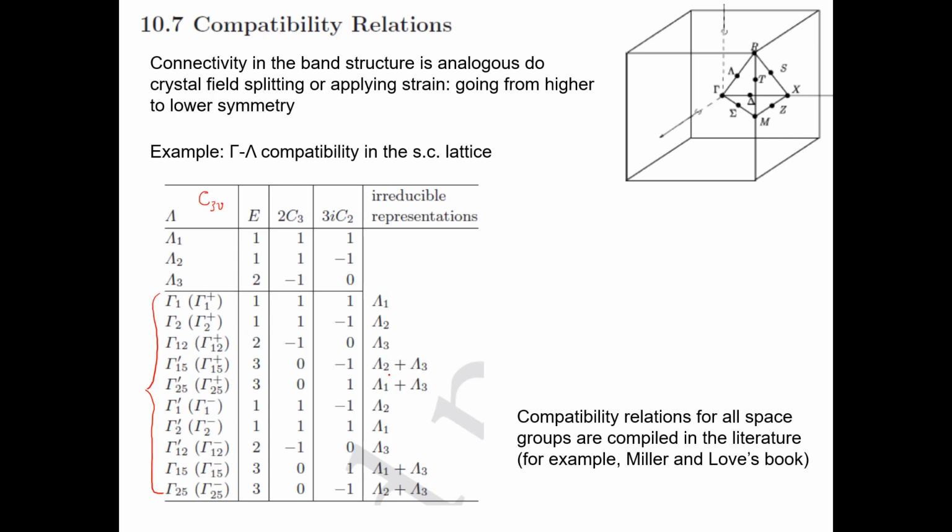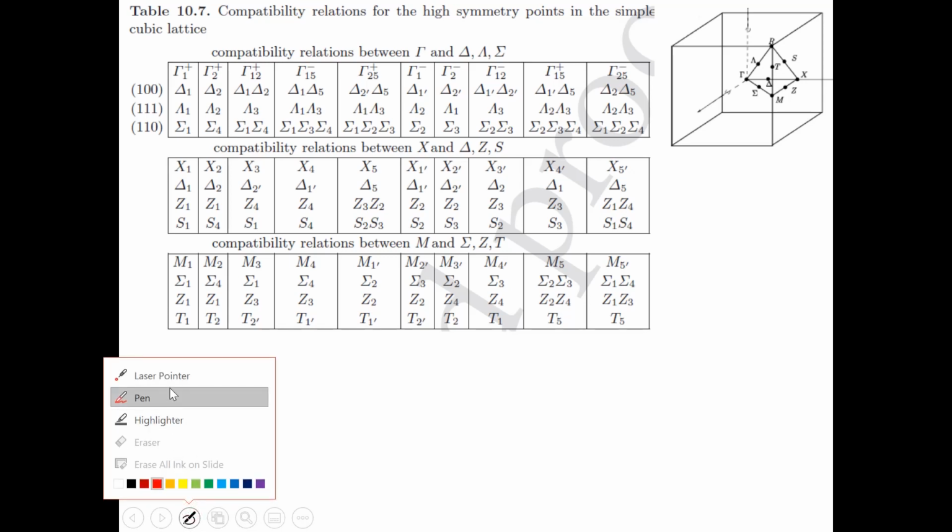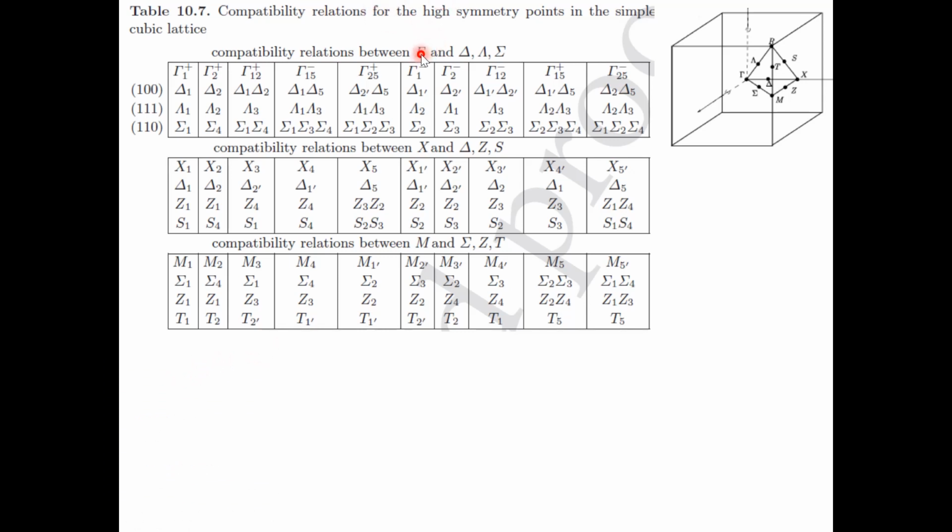Another good news is that in general we don't have to do it by hand, because people in the past have taken a lot of time and have done this for us. So compatibility relations for all space groups are compiled in the literature. For instance, the Miller and Love book that I have mentioned before. Okay, and our book has some examples for that. For instance, this is what you find in Miller and Love. This is the compatibility relation for high symmetry points in the simple cubic lattice.